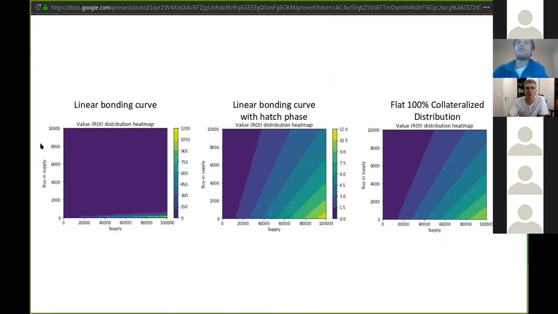So these are just a few of the outputs that we've had with our cadCAD models. We were looking at various parameter sweeps here, looking at a basic linear bonding curve, a linear bonding curve with different hatch phase prices, and doing a flat 100% collateralized distribution, various things that we've now gone on to implement in the Molecule contracts.